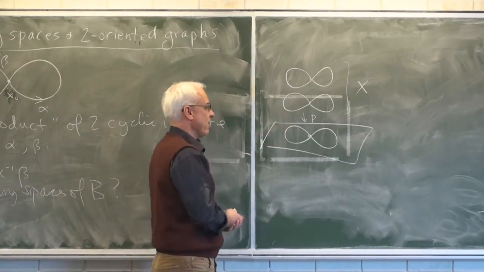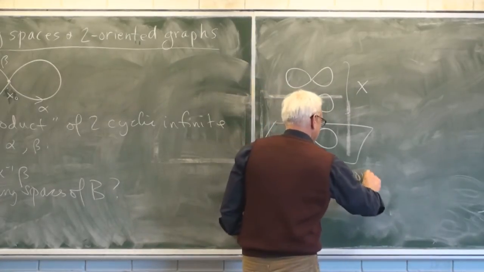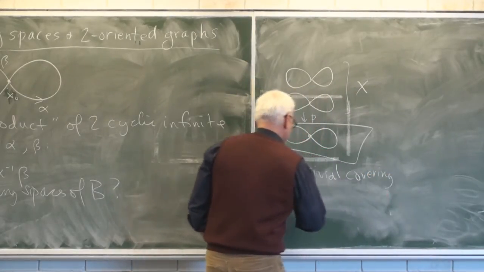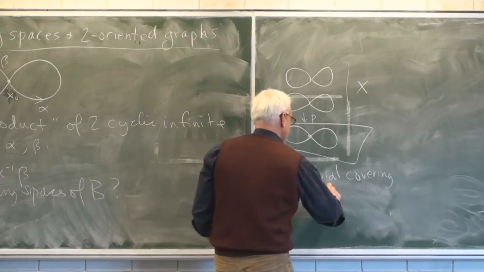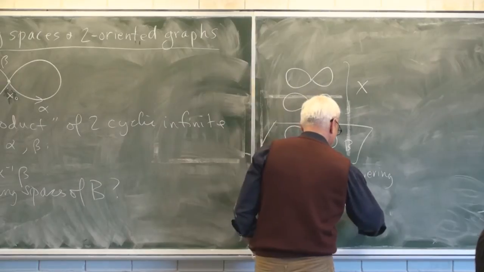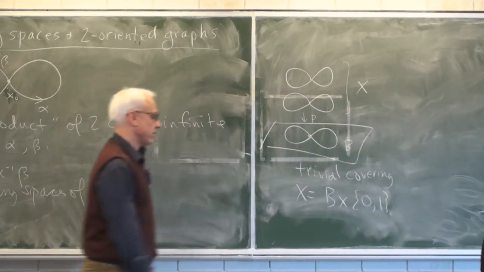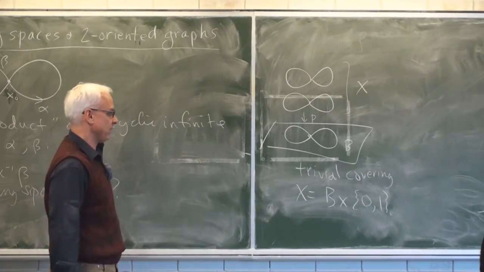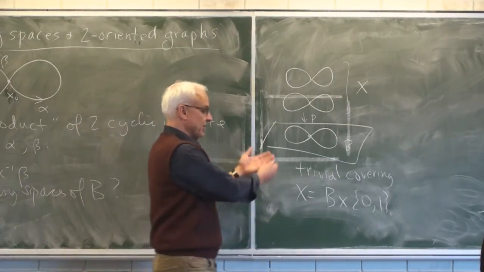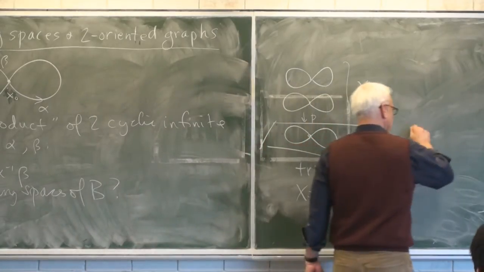It's a trivial kind of covering, because X is really just the base space B cross the set {0, 1}, just two copies of B. So it's relatively uninteresting.